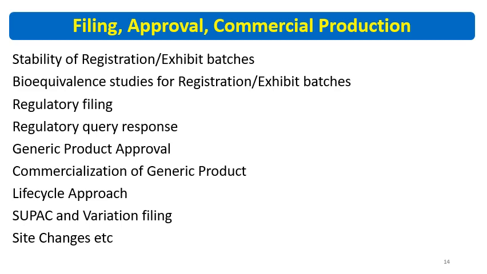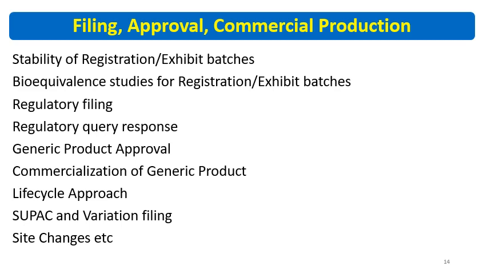Then it will go into the review, and the regulatory body may give queries. The generic product manufacturer or applicant will respond to those queries, and based on that the generic product will get approval by the regulatory authorities for the commercialization.